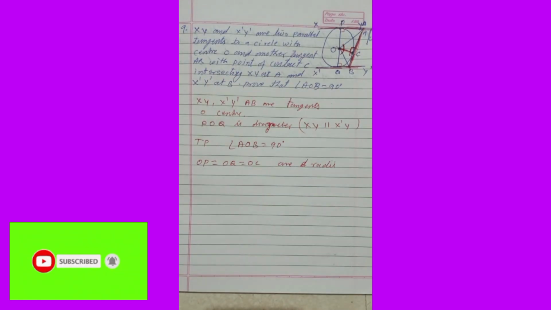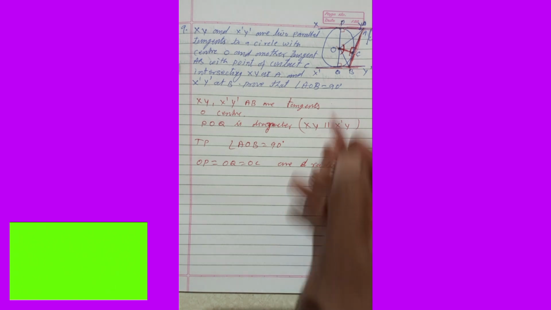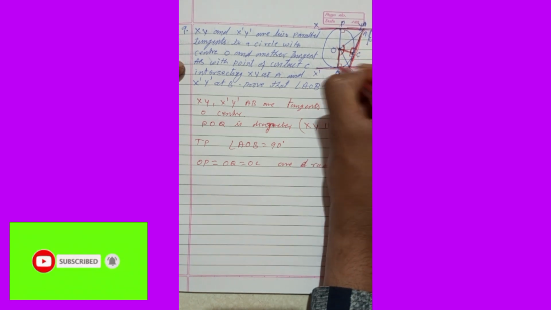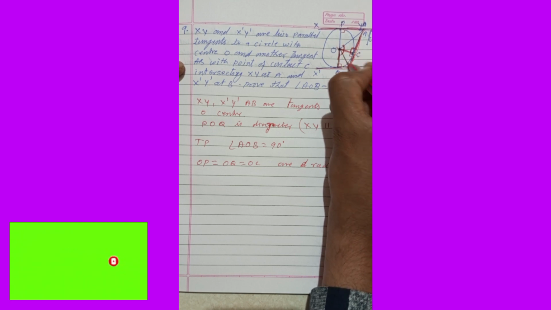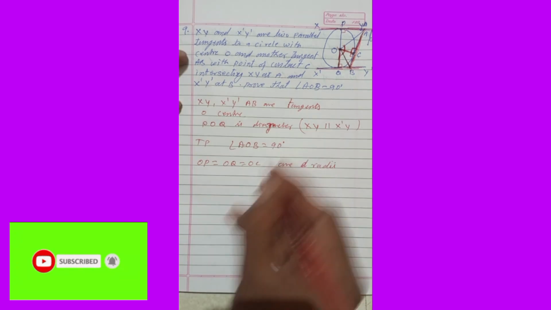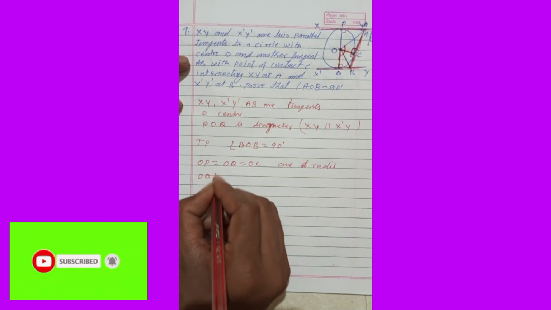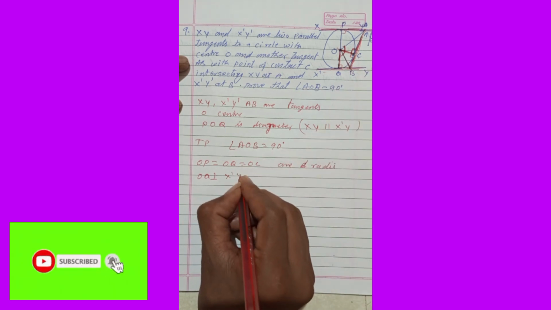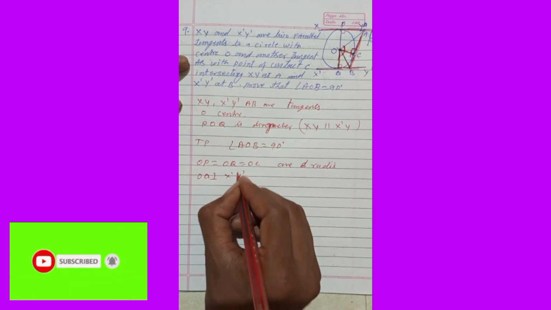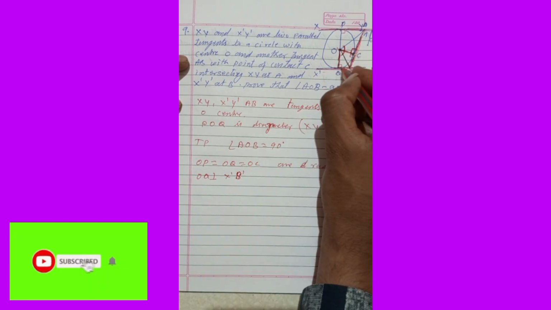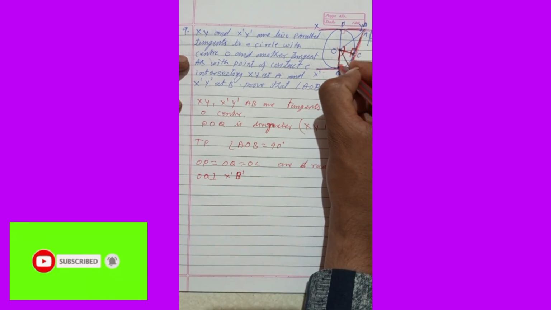Let's prove it. In which triangle are we taking? We are starting from this one. Now we know OQ is perpendicular to X'Y' at point B. So we can write this is a right angle triangle, with a 90 degree angle here.